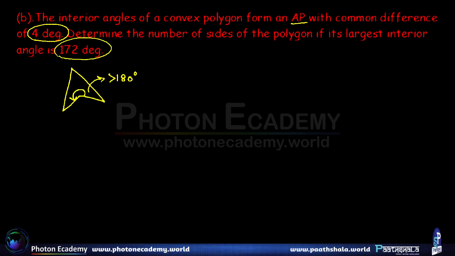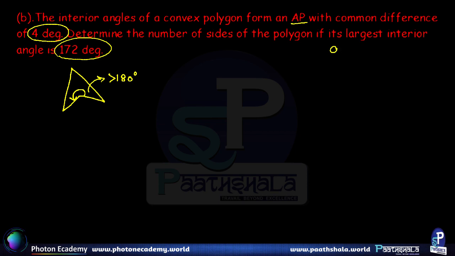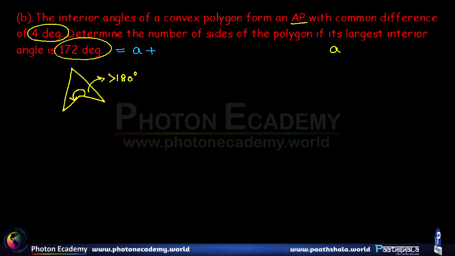Okay. So we don't know the smallest angle, so we don't know a of the series, but we do know the last term. So let us assume that there are n sides of the polygon. So 172 degrees being the last term will be a plus n minus 1 into the common difference, that is 4.